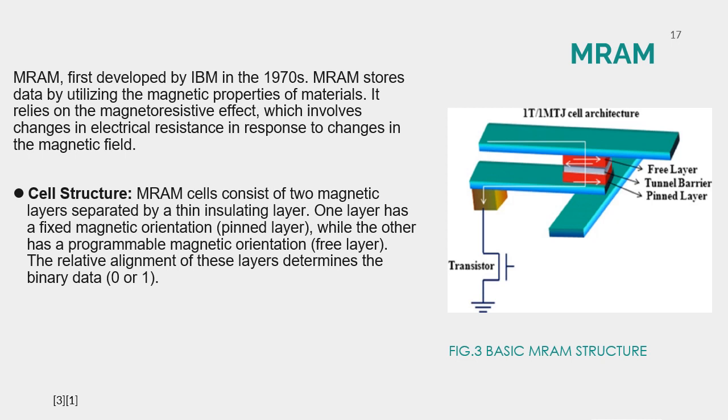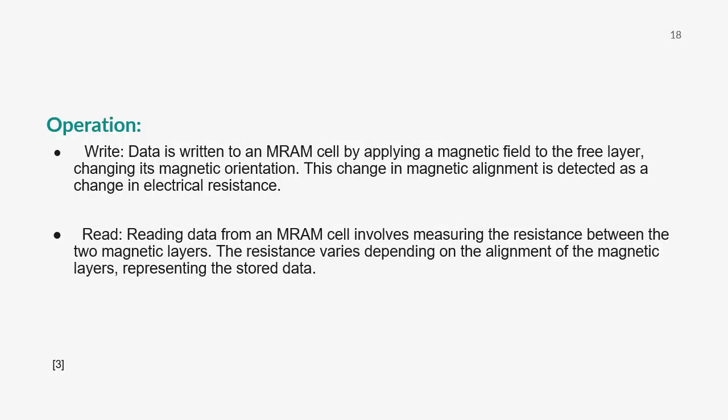Technically, it works with the state of the cell, which is sensed by measuring the electrical resistance while passing a current through the cell, because of the magnetic tunnel effect. Moving to the operation, if both the magnetic moments are parallel to each other, then the electrons will be able to tunnel and the cell is in the low resistance or on state.